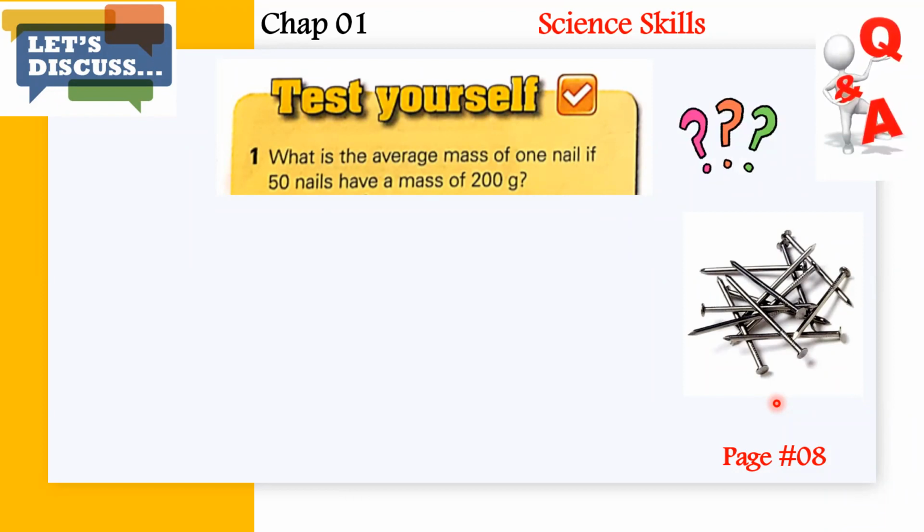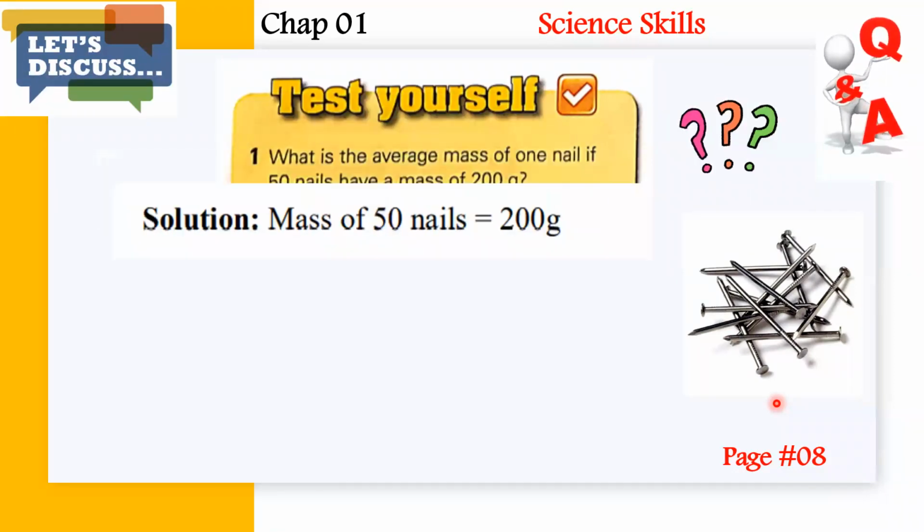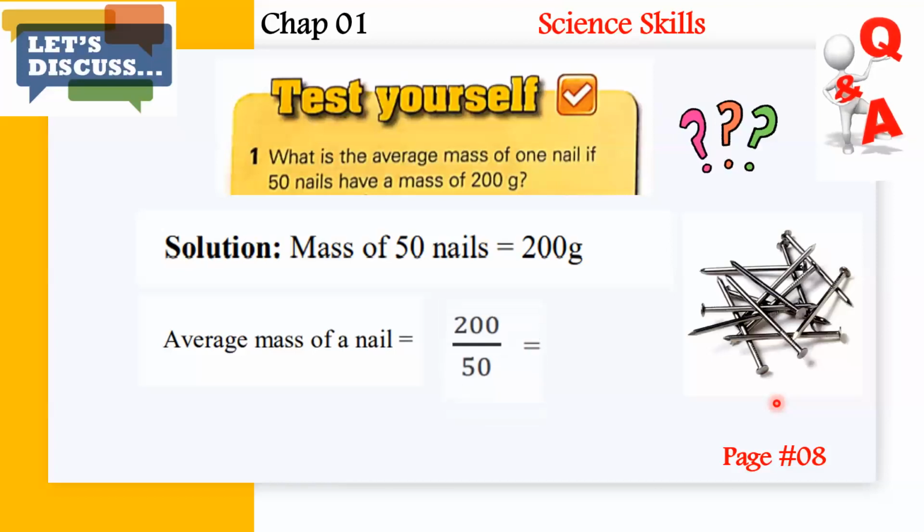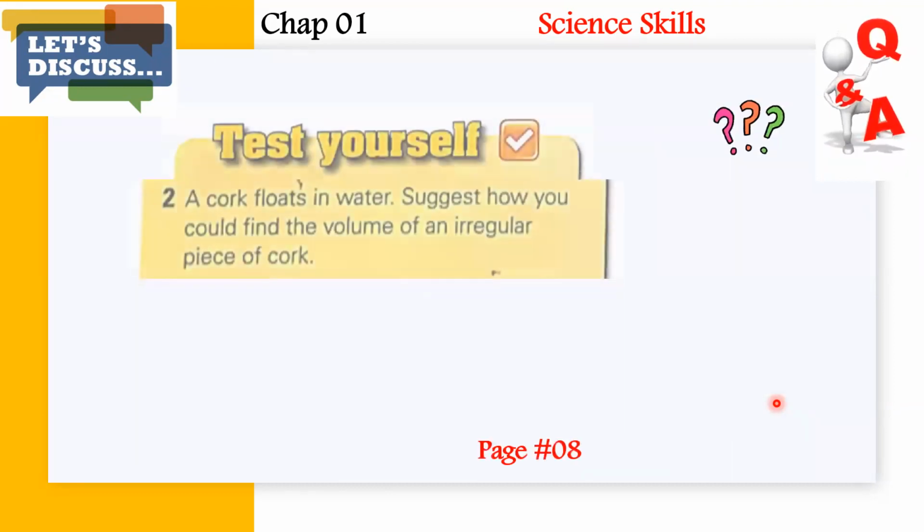We will divide 200 by 50. Yes, very good. The mass of 50 nails is 200 grams, so the average mass of a nail is 200 divided by 50. That gives you 4 grams. 4 grams will be the answer.